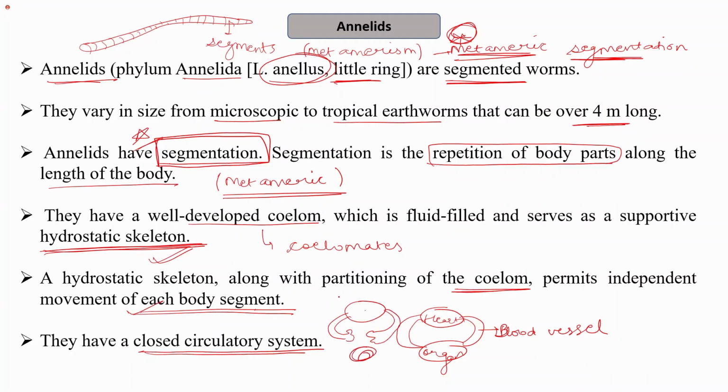So this is the open circulatory system. This is the closed circulatory system, where the blood reaches the other organs through the blood vessels. So they have a closed circulatory system where the blood reaches the organ through the blood vessels.